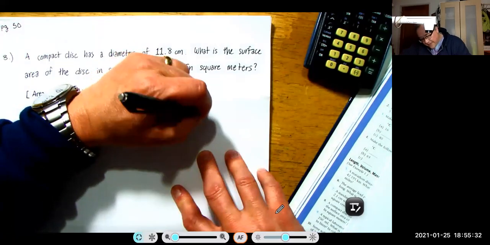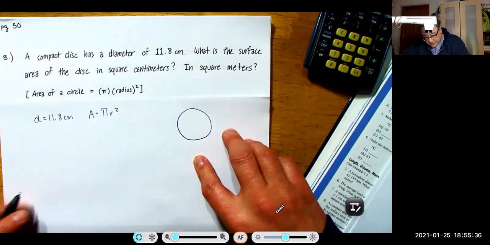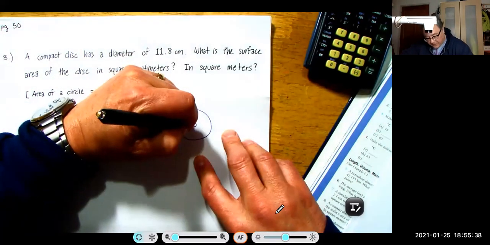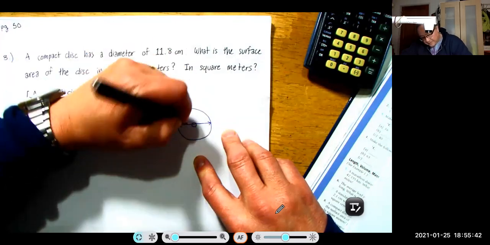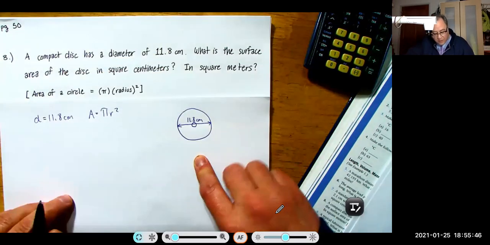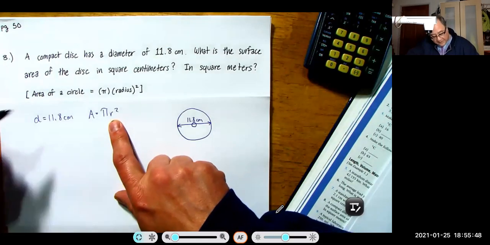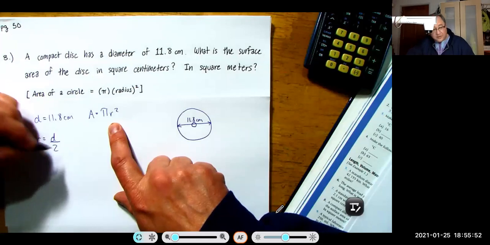And it is a compact disk, which we know is a circle, of course, with that little hole in the middle. And this is the diameter. So if we want to use this formula, we're going to have to take the radius and get it from the diameter divided by 2.